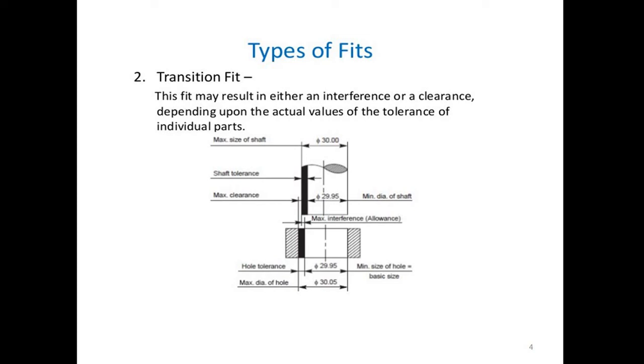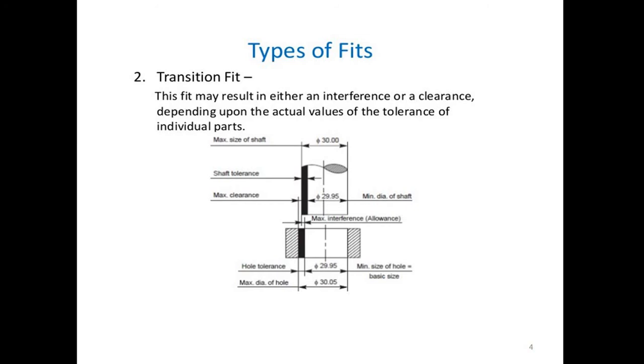This type of fit is called a transition fit. It may be interference or it may be clearance. We already studied clearance fit and interference fit. Interference fit is nothing but press fit. According to that, a transition fit may be a clearance fit or an interference fit depending upon the tolerance given. For some special applications, the transition fit is used.